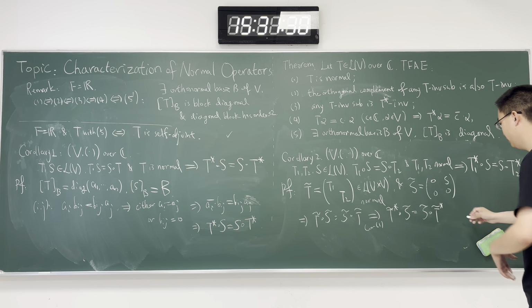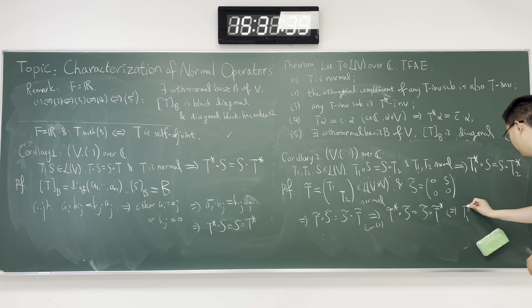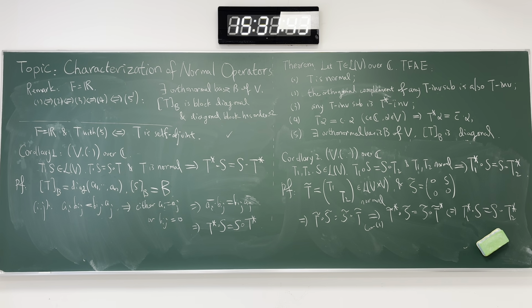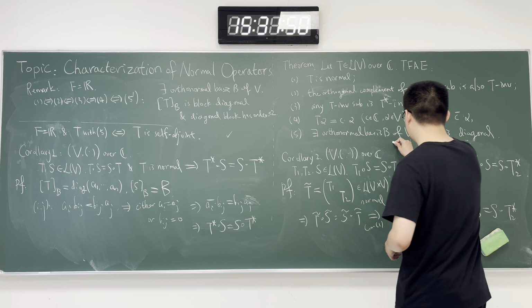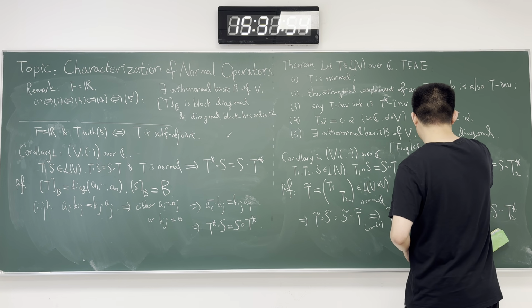This equation is equivalent to T1 star composed with S equals S composed with T2 star. This is an important corollary of our criterion, sometimes called the Fuglede theorem.